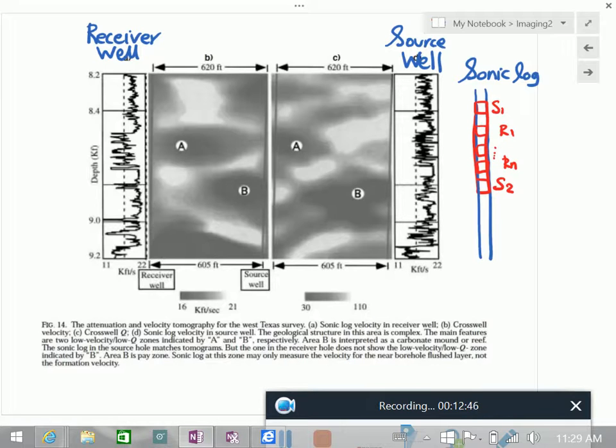So here are the velocity variations. Now, in this case, we have also used receivers and sources here to do tomography. On side B, this is velocity. On side C is Q. So here is velocity. Here is Q, which is attenuation.